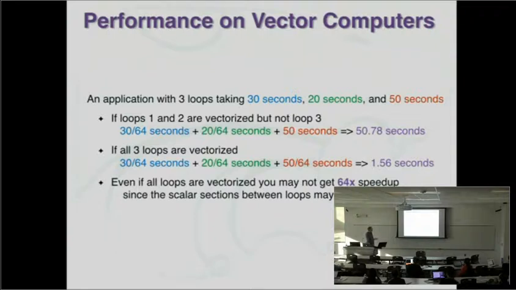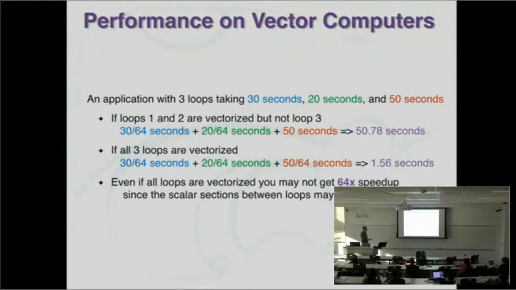So I'm just going to take an example application. Let's suppose the application has 3 loops, the first one taking 30 seconds on a scalar machine, the second taking 20 seconds, the third taking 50 seconds. Well, let's say that the first and second loops vectorize, but the third loop doesn't.